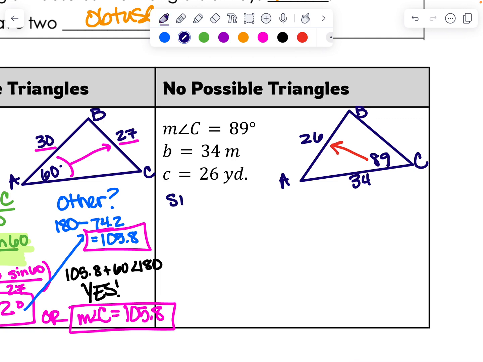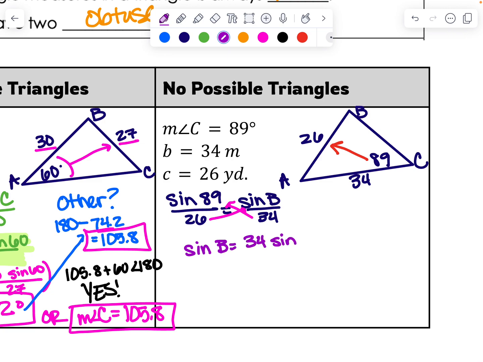So I'm going to do the sine of 89 over 26 is going to be equal to the sine of B over 34. Cross multiply, and you should get the sine of B is going to be equal to 34 sine 89 over 26.